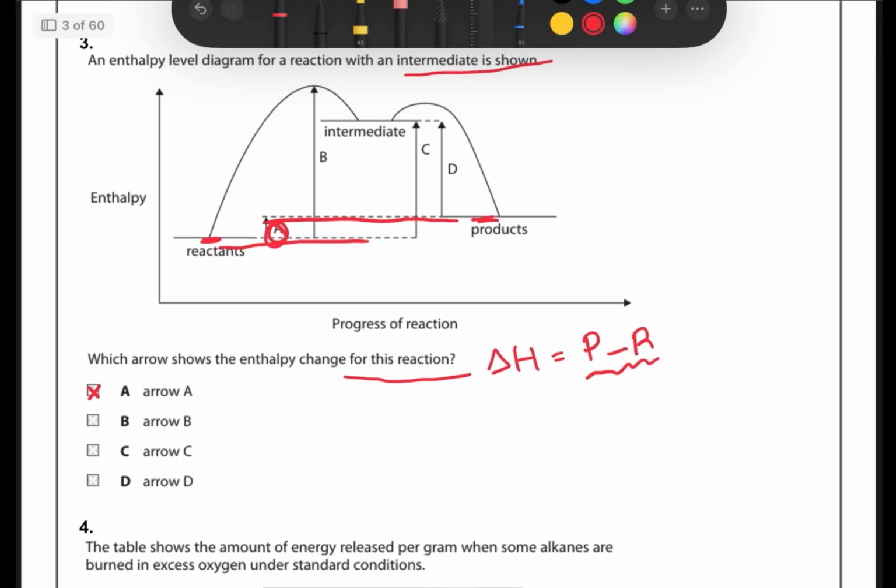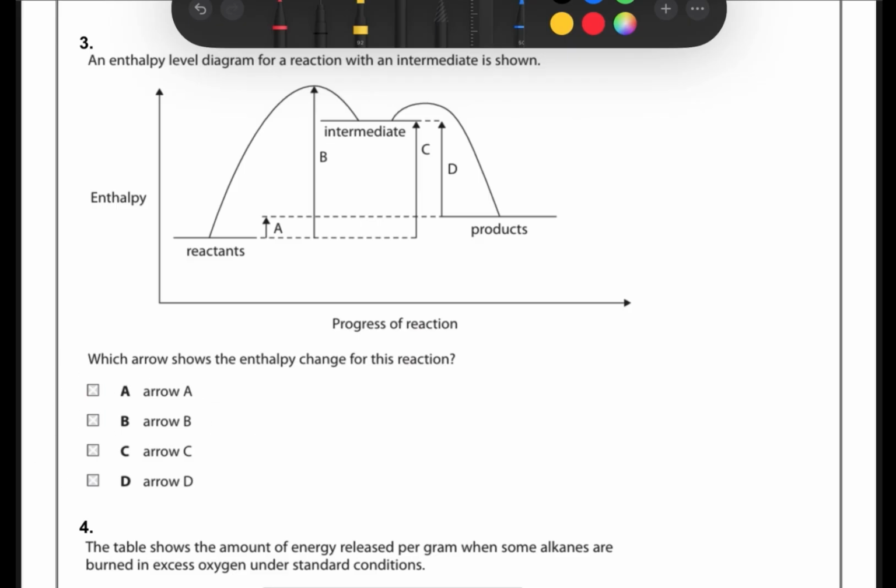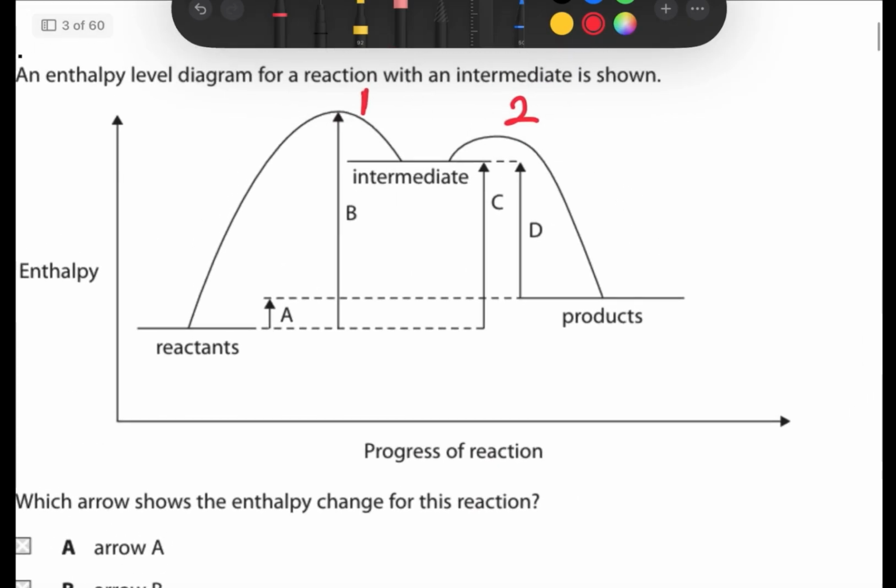Just keep in mind some extra information about this graph, just for extra knowledge. This graph represents a chemical reaction with two steps, since we have two tops in here. This is step 1 and this is step 2. If I ask you, generally speaking, which of these two reactions is faster, keep in mind the one with higher activation energy makes the reaction very slow.